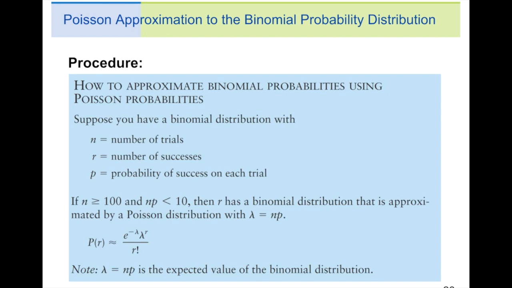So the probability of r successes is e to the negative lambda times lambda to the r over r factorial. Note that lambda is the expected value of the binomial distribution.